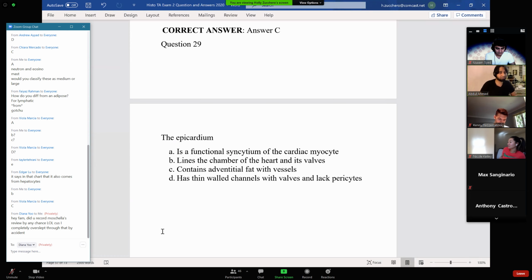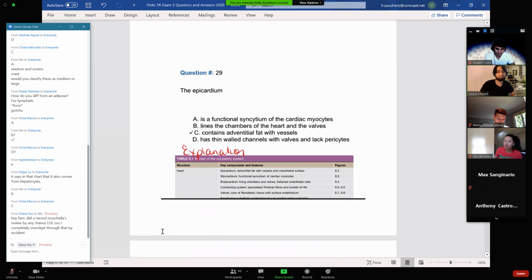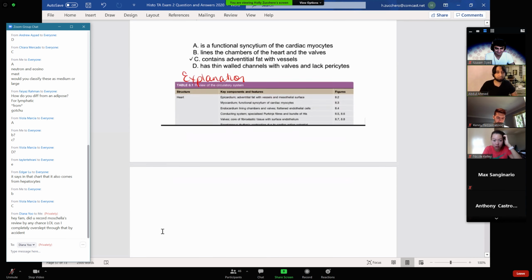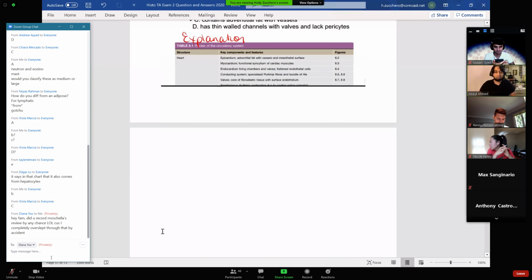So the answer is C. Kenny already went into it. Just remember, it contains the fat and adventitial fat. So this is also another table. Take a picture if you need to. It tells you what's in each area. So, all right, let's go on.